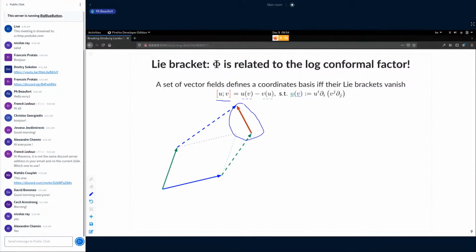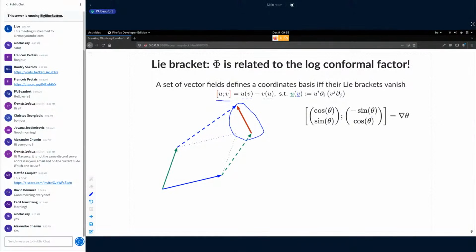So if this vector is the zero vector, it means that the vector fields u and v correspond to a coordinate system. And so we are going to compute this quantity in the case of a cross field. So we take two orthogonal directions and we compute it.